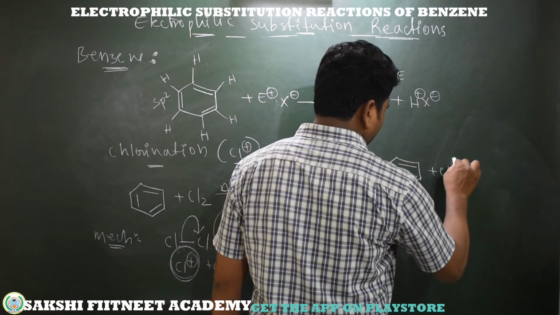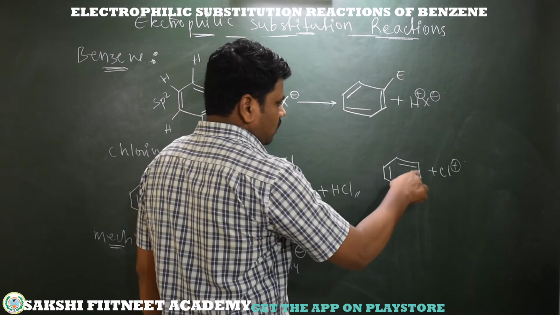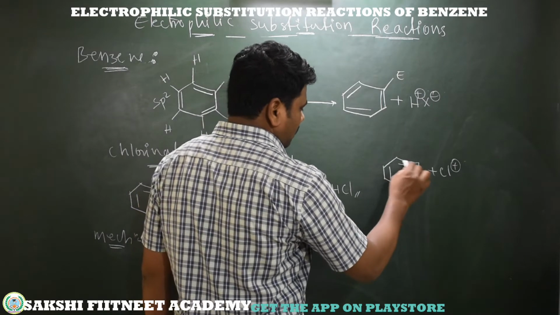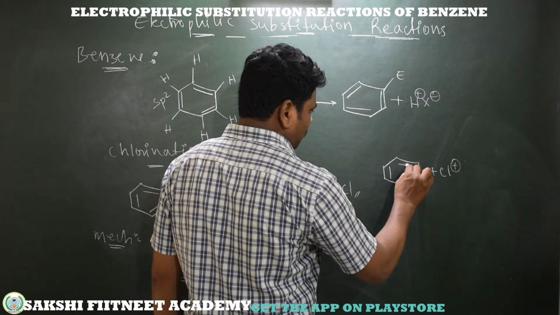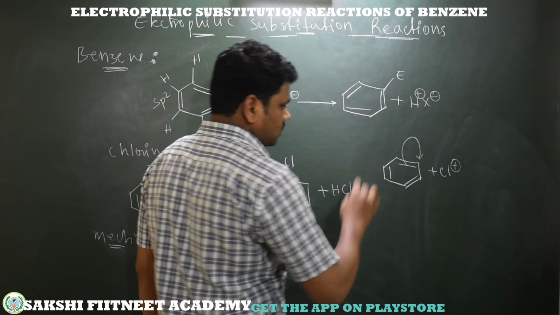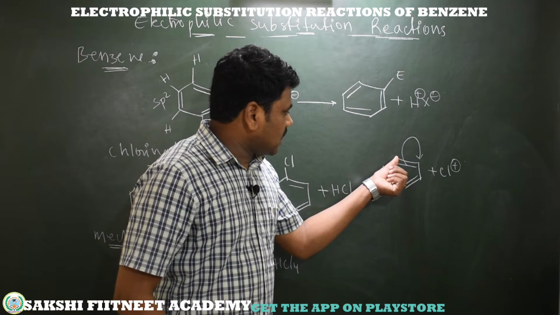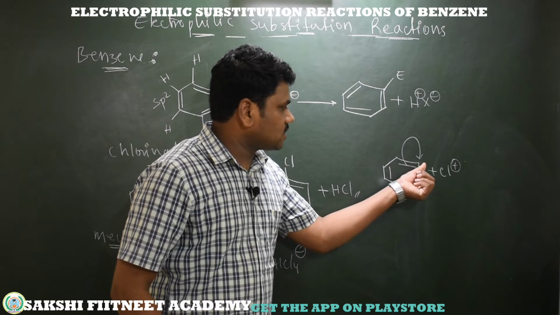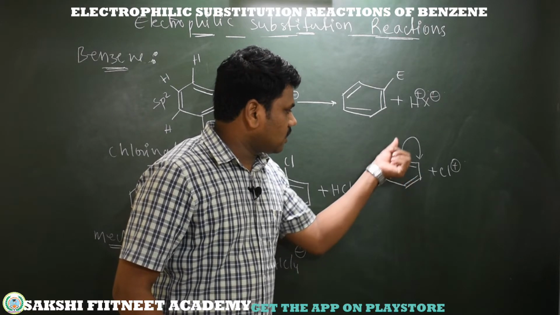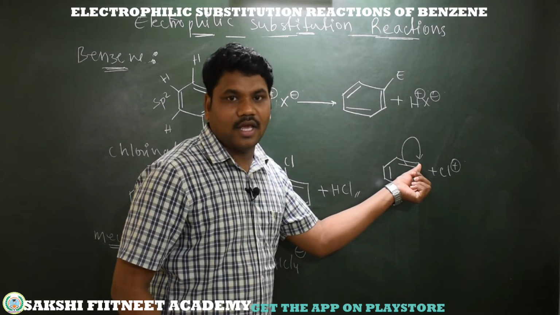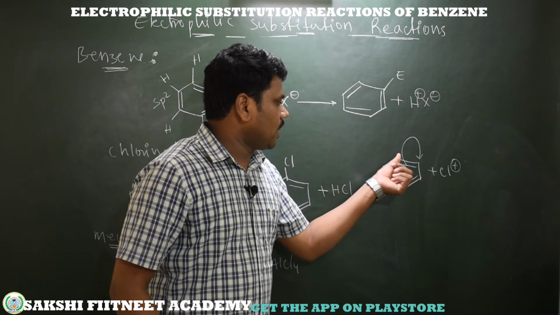This is Cl plus. See here, out of these 3 pi bonds, any one of these pi bonds, for example this is a pi bond, its electrons shift to this carbon. So now we are getting a positive charge at this carbon and a negative charge at this carbon, because this electron is shifted towards this carbon, like the electromeric effect, negative and positive.